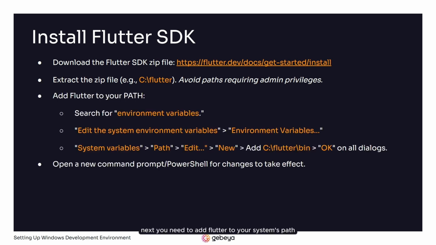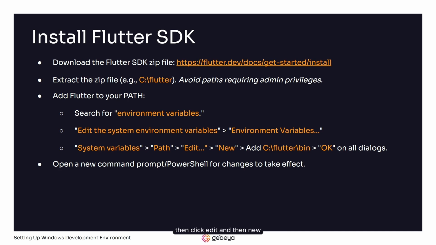Next, you need to add Flutter to your system's path, so you can use Flutter commands globally. Search for environment variables on your Windows machine. Select Edit the System Environment Variables, and then click on Environment Variables. Under System Variables, find and select Path.